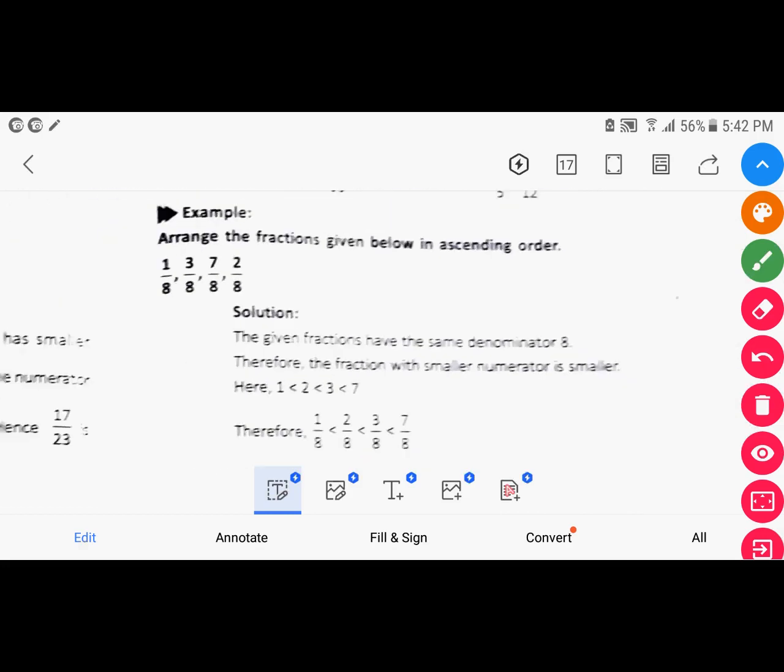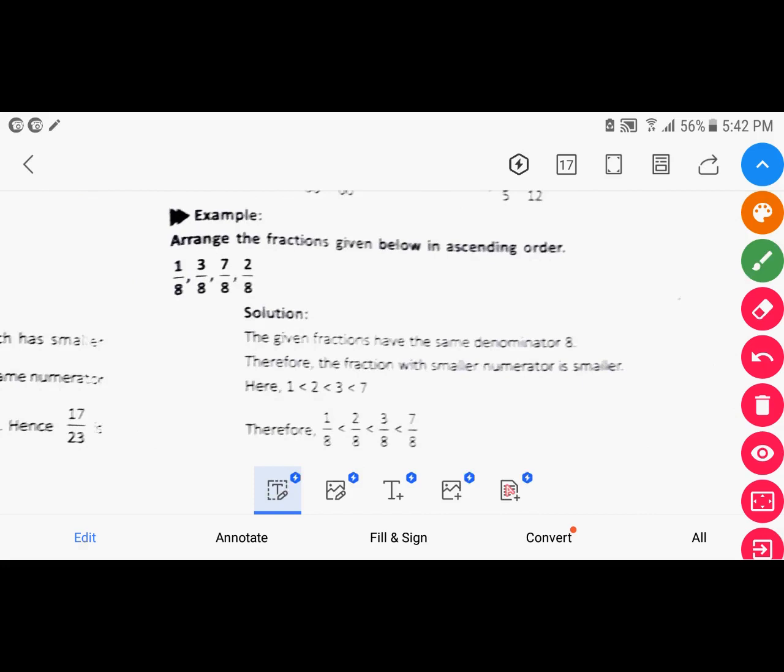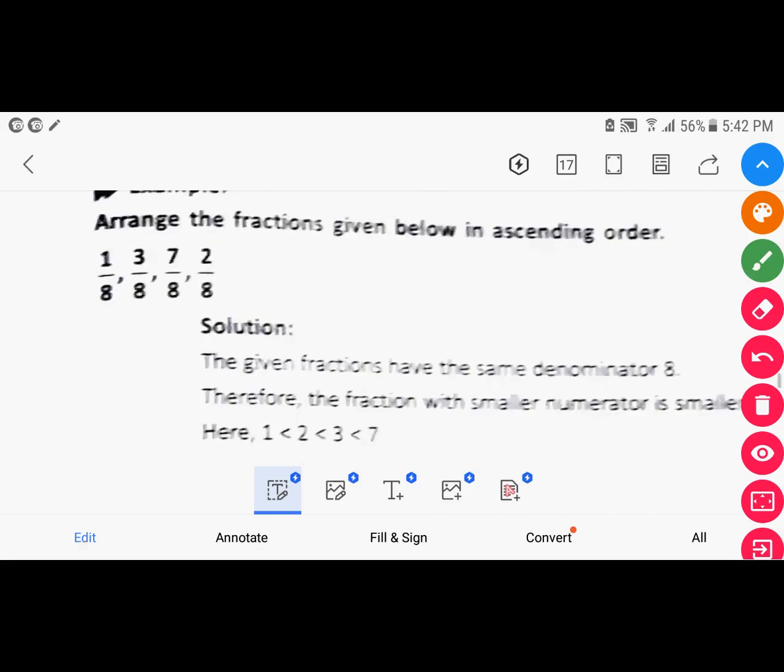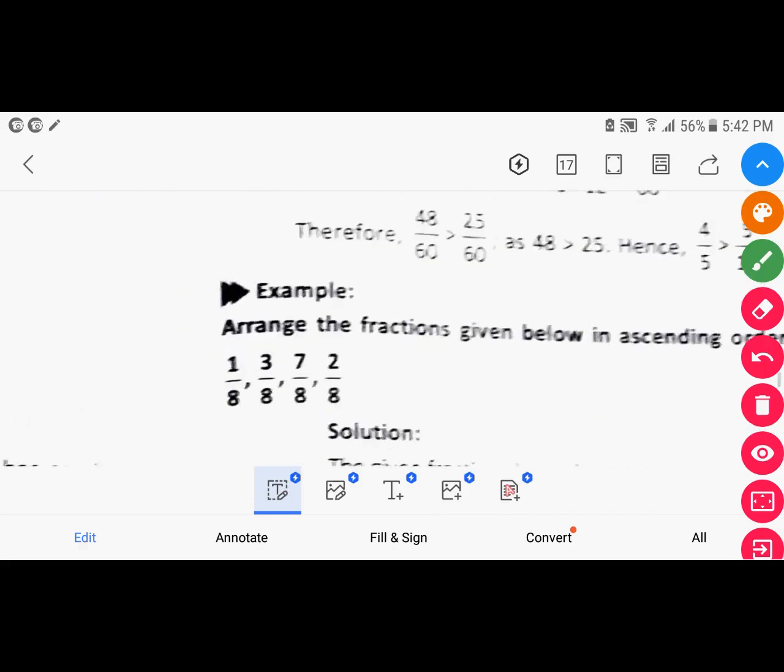Okay. Now this greater and smaller concept you can apply for ascending and descending order. Now some fractions are given here and we have to arrange them in ascending order. Now see, the denominators are the same, so whose numerator is greater is the greater fraction.